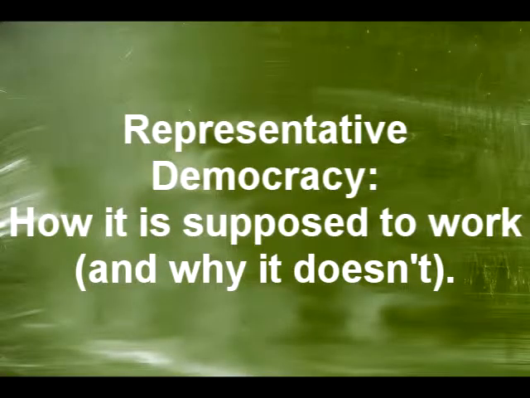I want to use a simple chalkboard illustration to show the basic theory of representative democracy and why it no longer works the way it is supposed to. The first entity in this diagram represents a segment of the voting public defined as a constituency or electoral riding, usually demarcated by geographical boundaries.